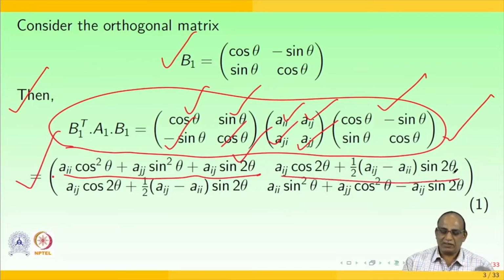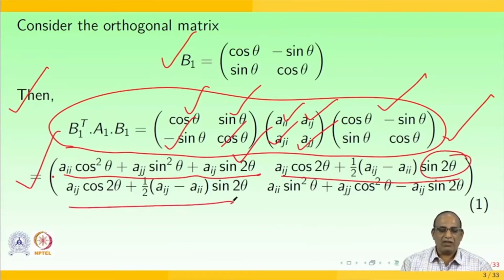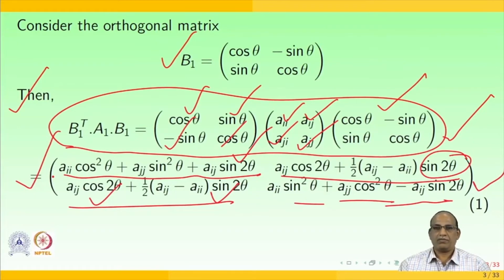The second element is AIJ cos 2 theta plus 1 by 2 times (AJJ minus AII) sin 2 theta, and the third is the same. The last entry would be AII sin square theta plus AJJ cos square theta minus AIJ sin 2 theta.